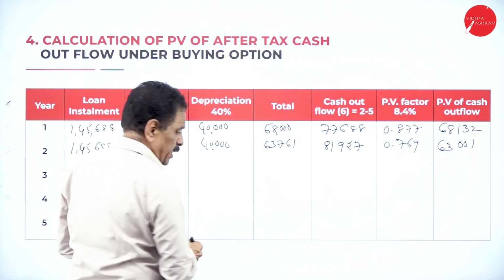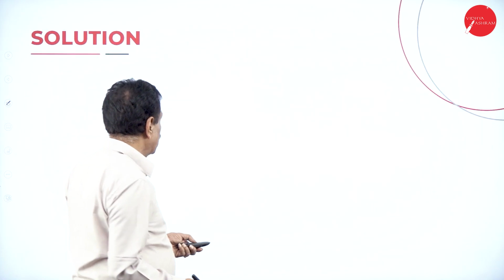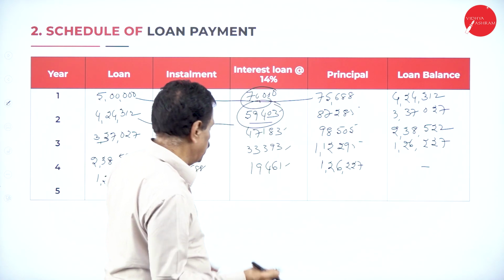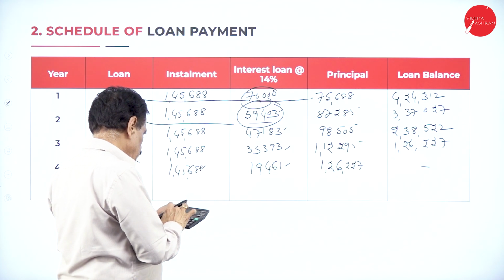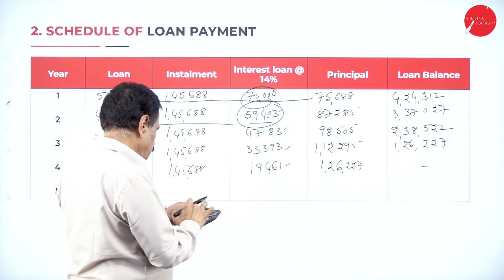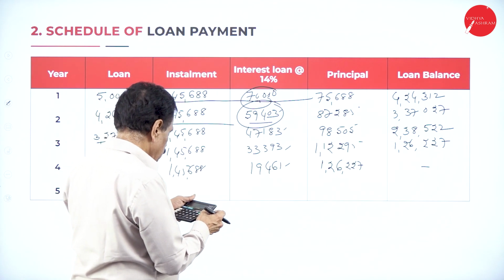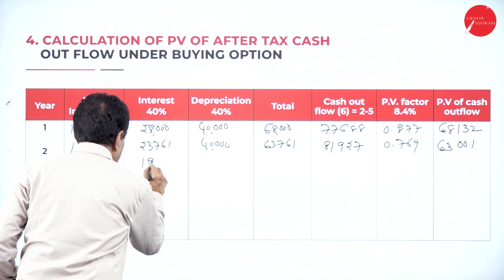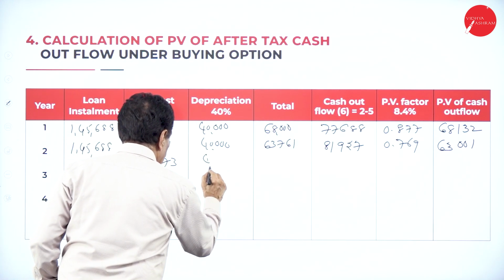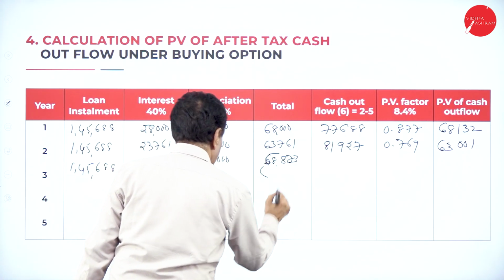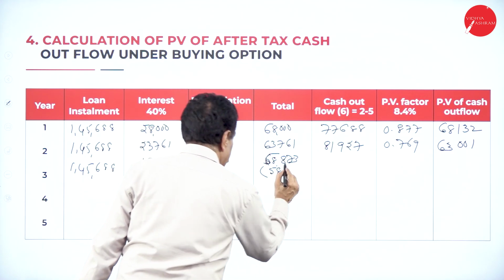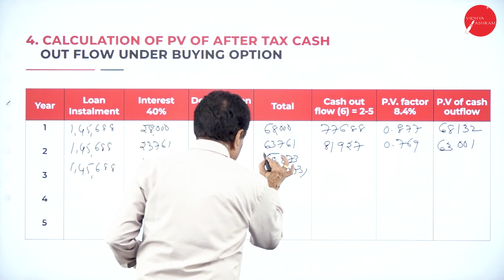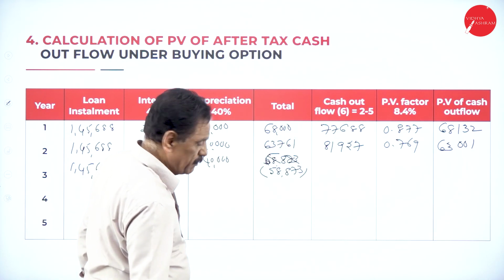Third year, 1,45,688. 40% of the third year interest, 47,183: 47,183 into 40 divided by 100 is 18,873. 40,000 tax saved plus 18,873 means 58,873.